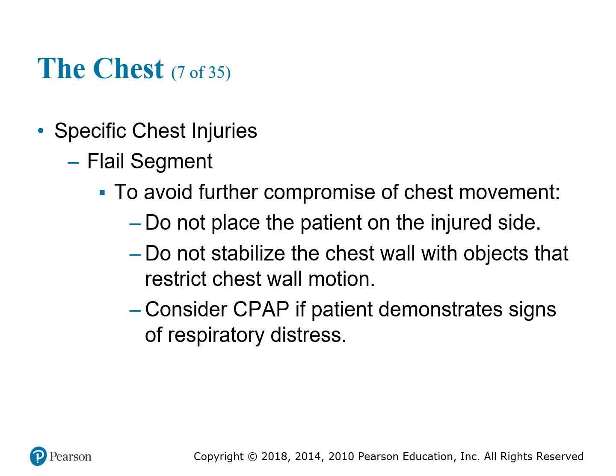We will provide positive pressure ventilations for that patient. We may splint the extremity on that side to help limit motion, but that's about as far as we're going to go. A big priority is going to be focusing on ventilation and oxygenation, more so than the actual injury itself.